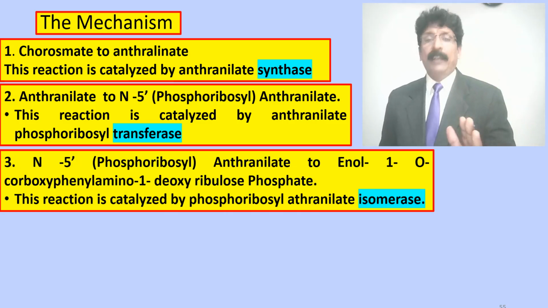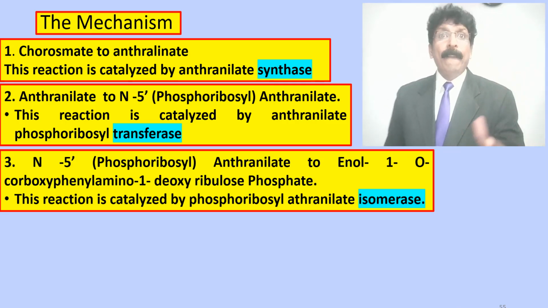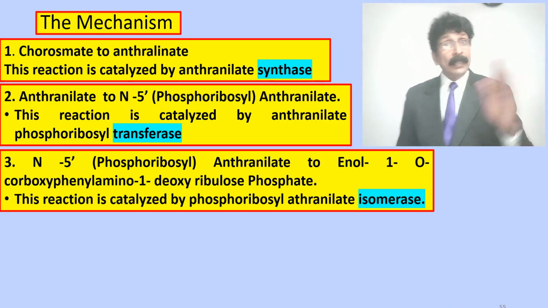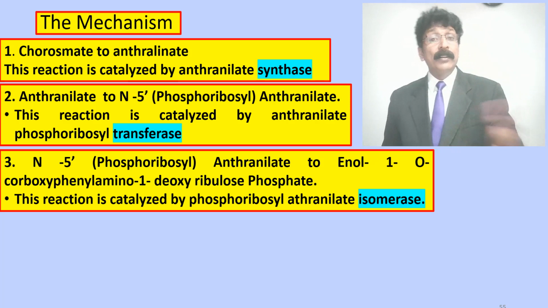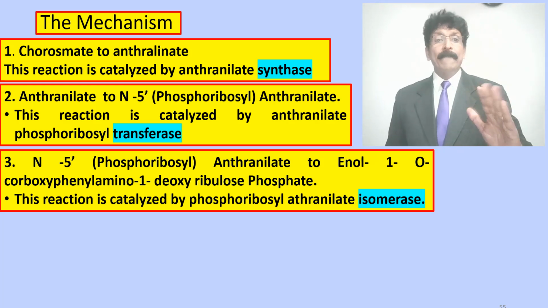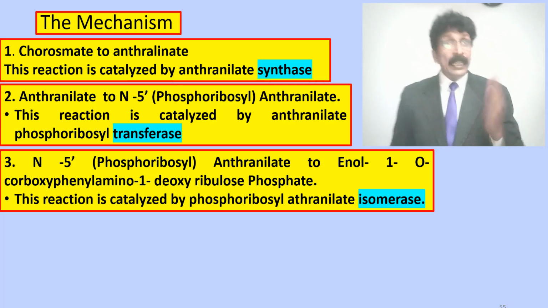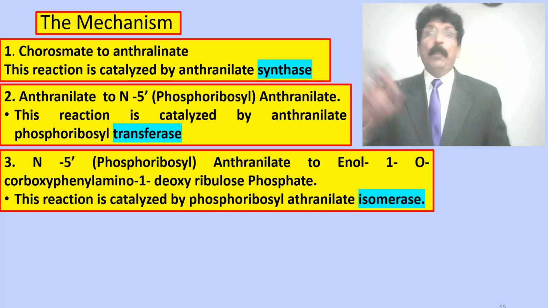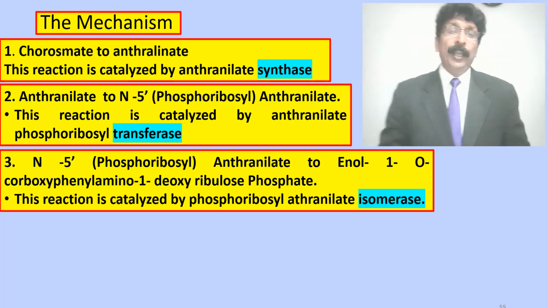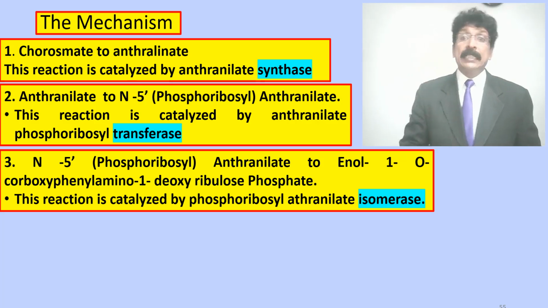And number 3 is the third step. This N5-phosphoribosyl anthranilate, because you have added this ribosyl to anthranilic acid. So your next third step you have to remember in your writing, phosphoribosyl anthranilate is converted into an enol, a double bond structure. It becomes a carbon-carbon double bond in between in the structure, enol structure.